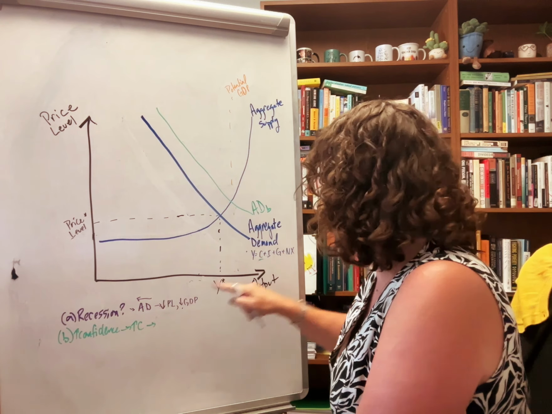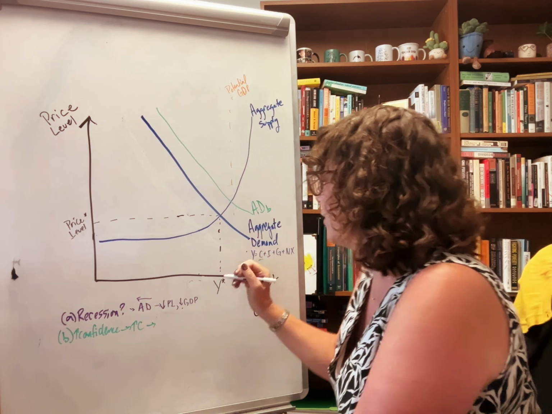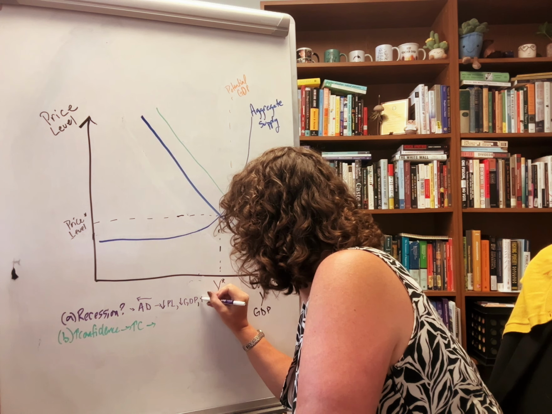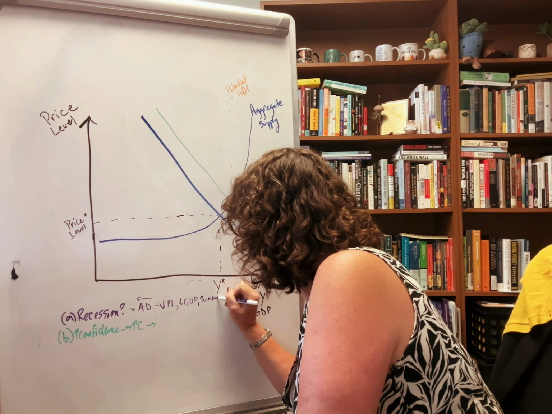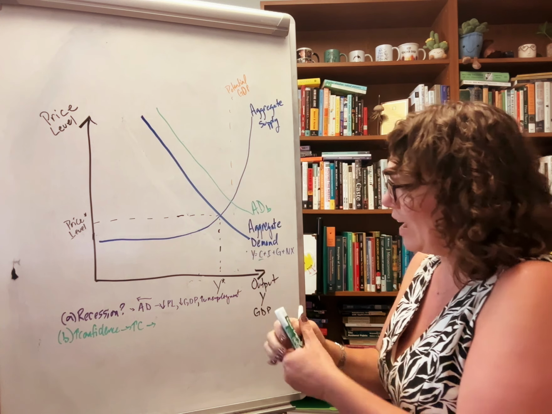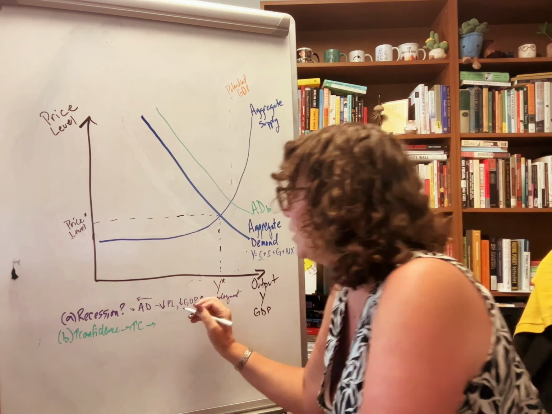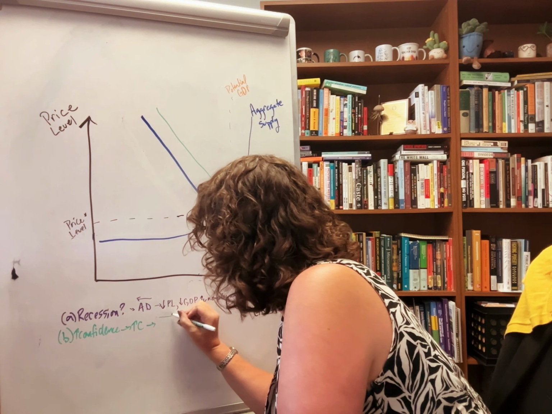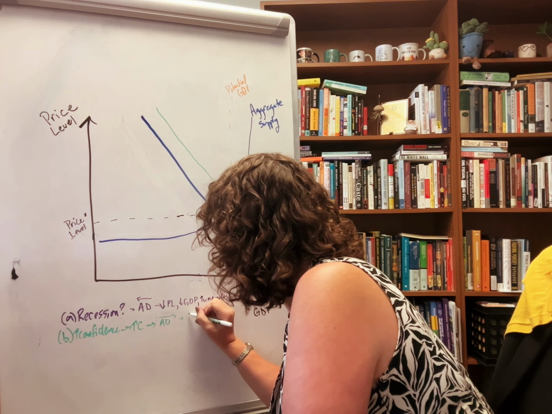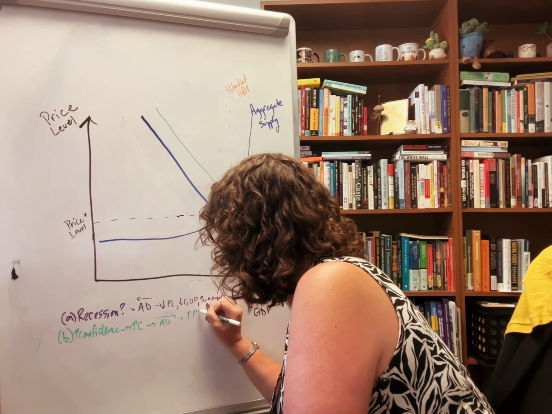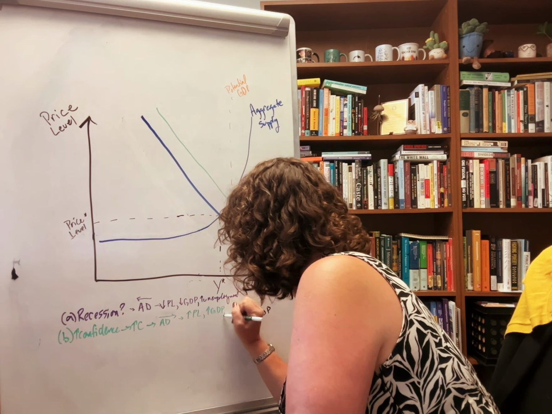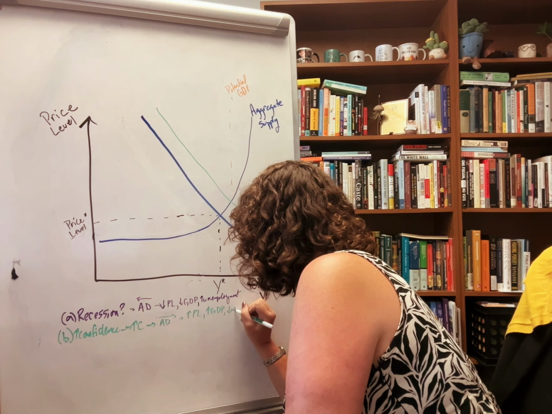So last time the recession, reduced consumption, reduced investment led to lower prices, lower GDP, and higher unemployment. Now, higher consumer confidence is going to increase consumption spending, shifting aggregate demand out, which is going to lead to higher price level, higher GDP, and lower unemployment.